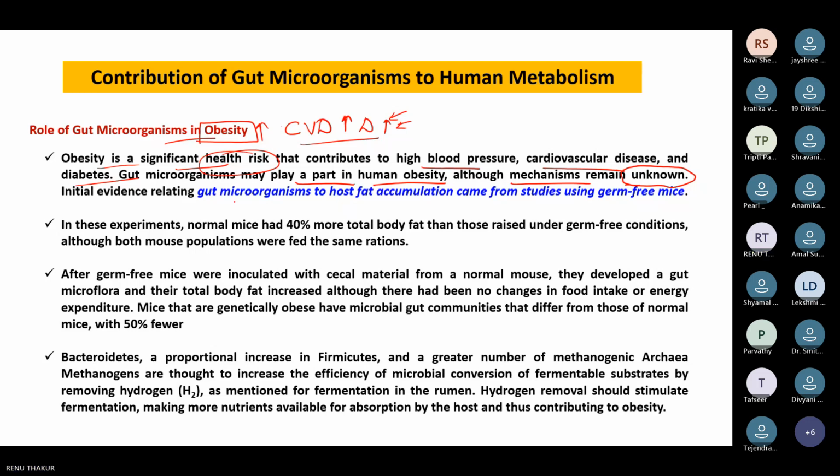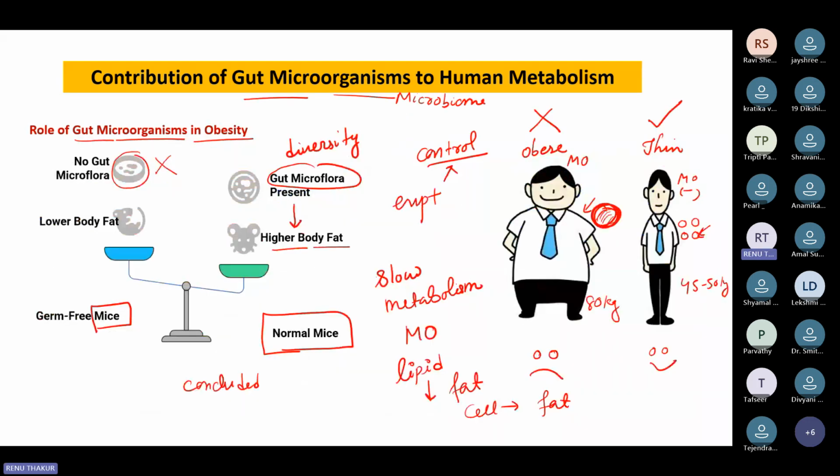So the link between gut microorganisms and host fat accumulation came from studies using germ-free mice. What I explained related to the role of gut microorganisms in obesity is only because of this experiment, the germ-free mice and normal mice experiment.